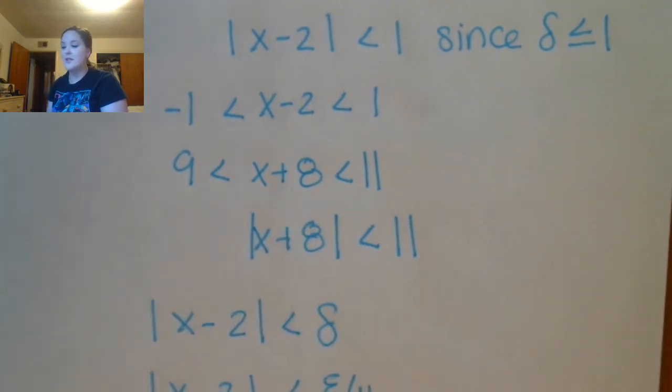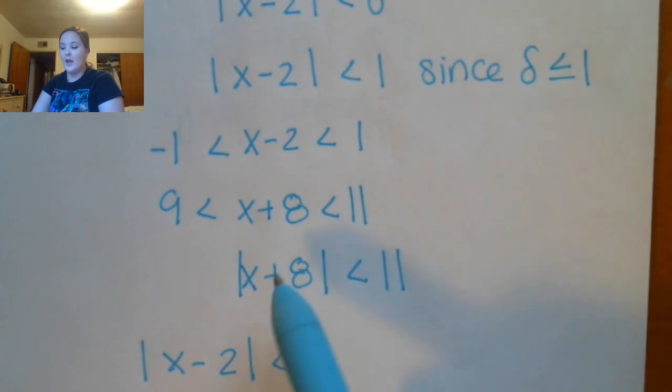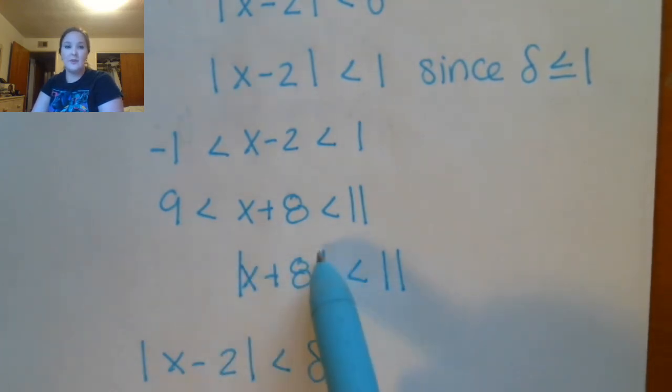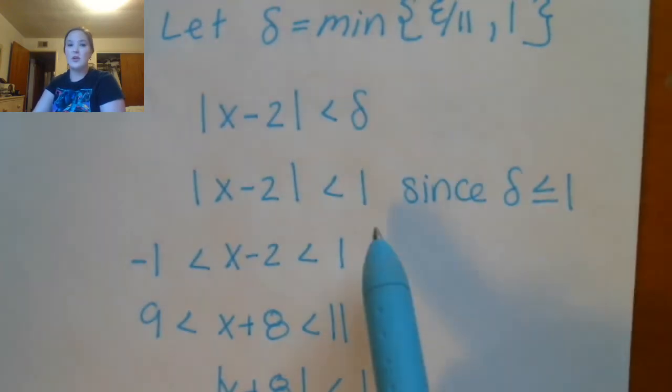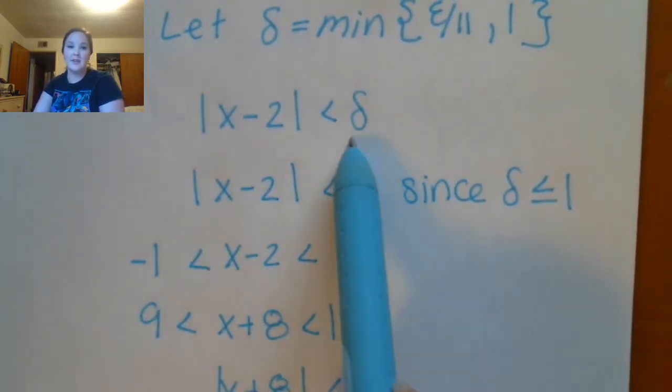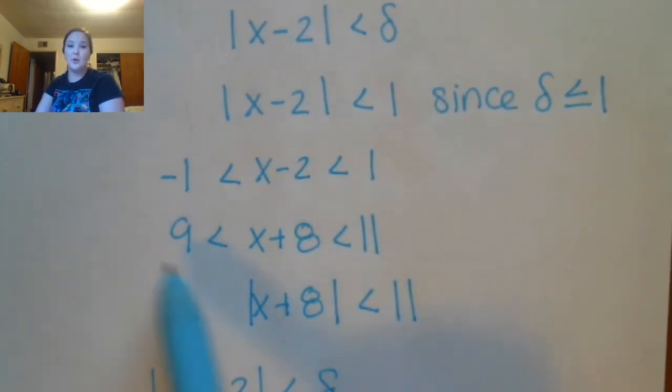We need some way to tell us that this absolute value is at least smaller than a whole number that we know. So we use this trick of saying that this absolute value is less than delta, which is less than 1, to let us put some numerical bounds on this factor.